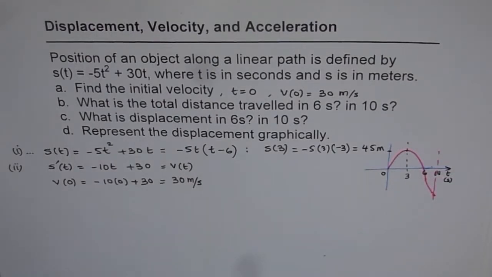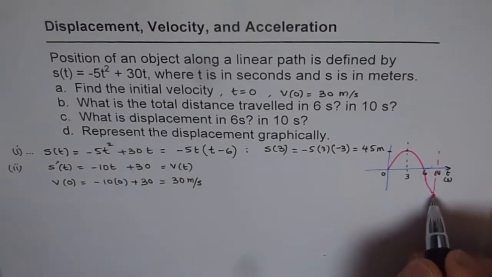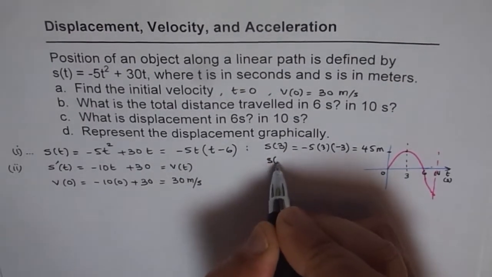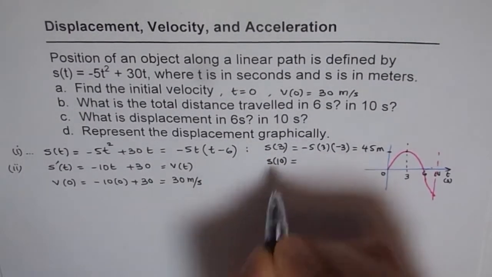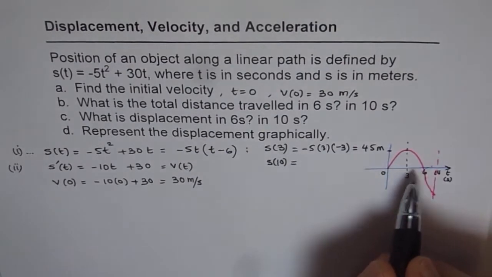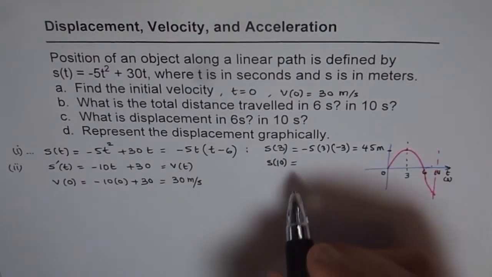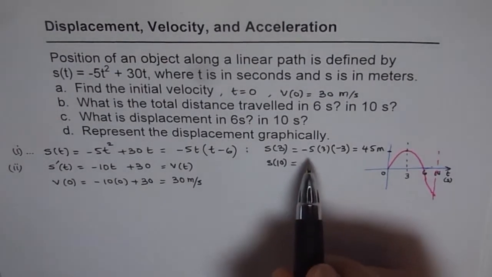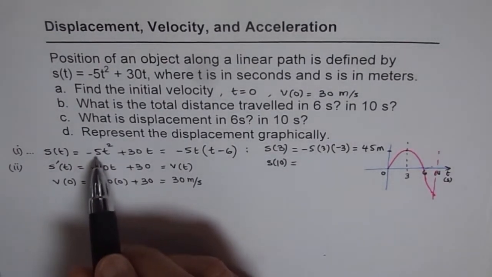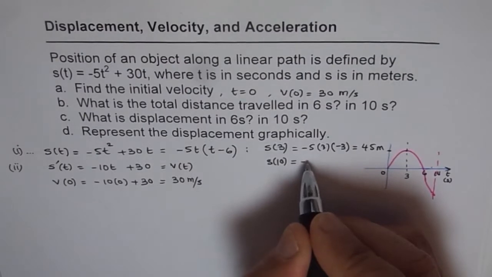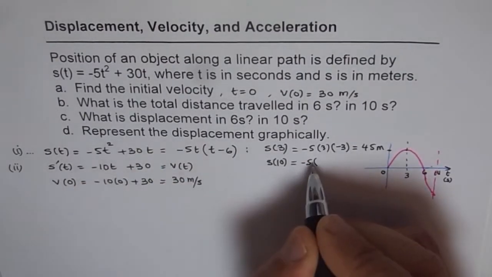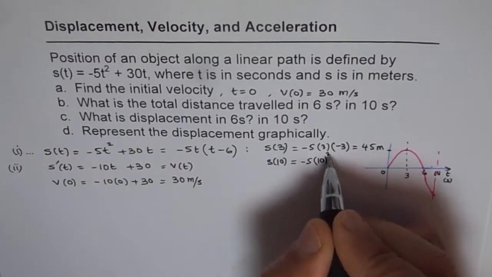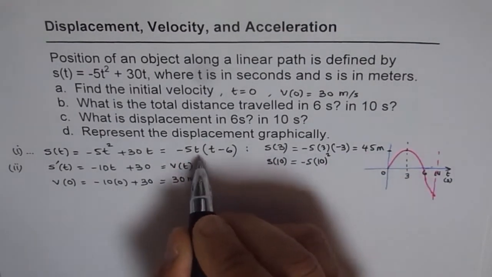Correct. So for that, let's find the displacement at 10. So when we write 10 here, this is displacement, okay? 45 is the displacement. At 10, the displacement is what? So we'll plug in 10 in this equation, right? So minus 5 times 10 square, let me write 10 square, right?